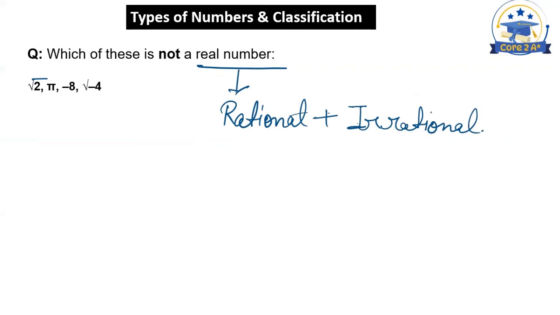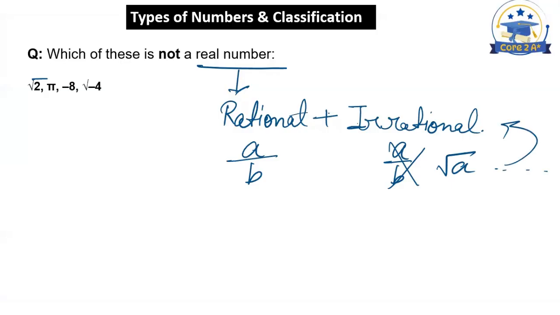So rational numbers we can write in A upon B form, and irrational numbers we cannot, or you could say in a simple form, square root of a number, also called irrational. So let's see. The question is saying which of these is not a real number. So we have to figure out which one is real, and then we will see which one is not a real number.